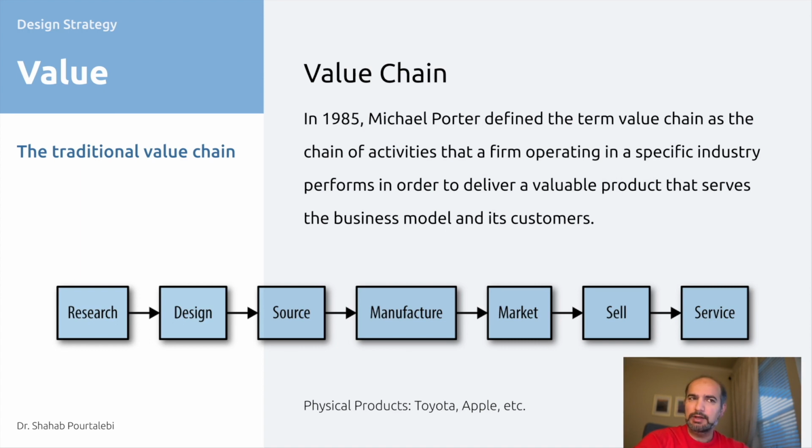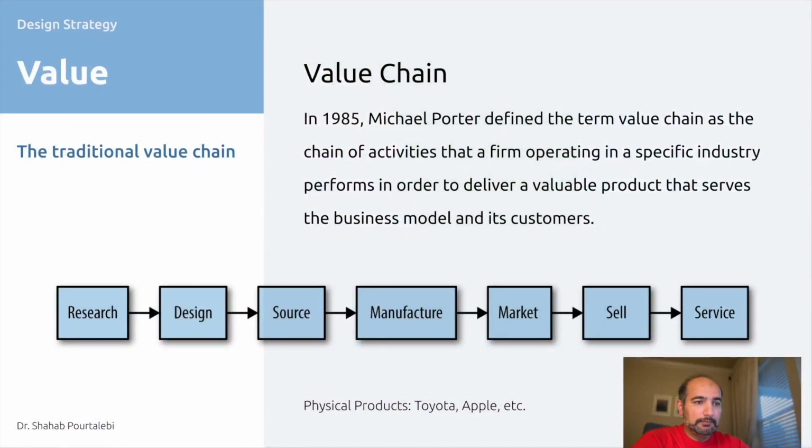When we talk about value, it's very important to understand the history of this concept, where it came from. A traditional value chain is a model that describes the activities that a firm performs to deliver a product or service to the market. It is a way to analyze a company's internal and external processes to understand how value is created and delivered to the customer.